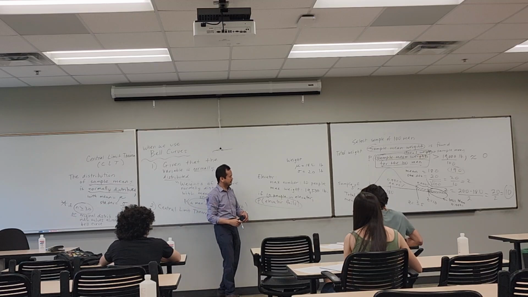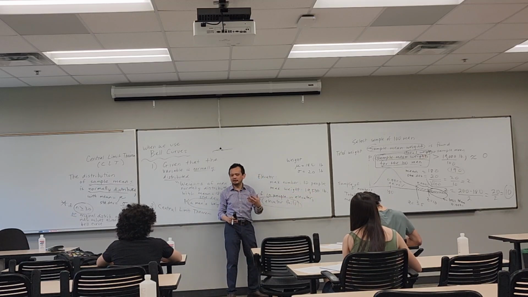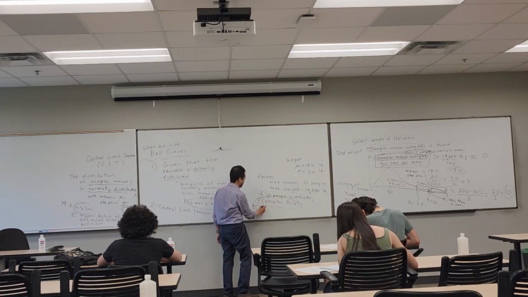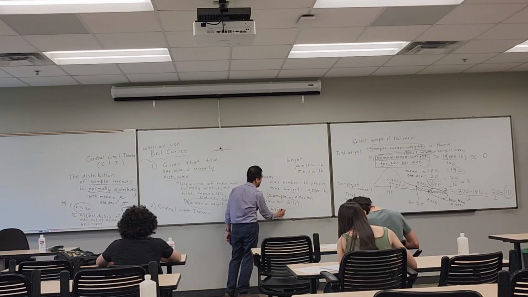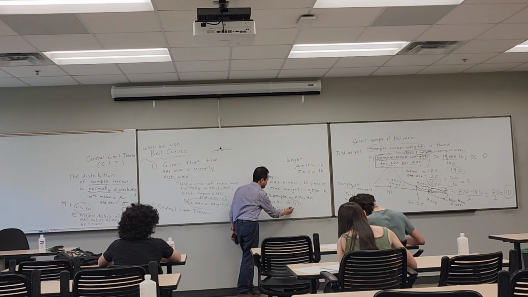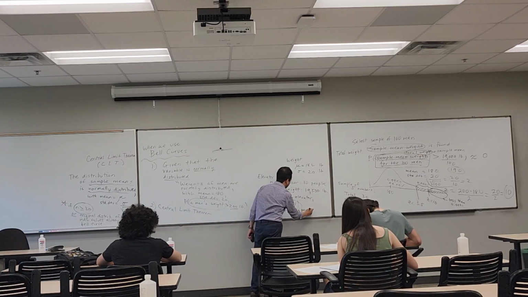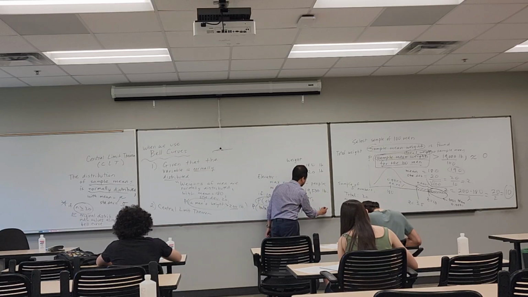So basically, the total of the 10 people has to be greater than 19,500 pounds. So we want the probability that the total weight of 10 people is greater than or equal to 19,500 pounds.